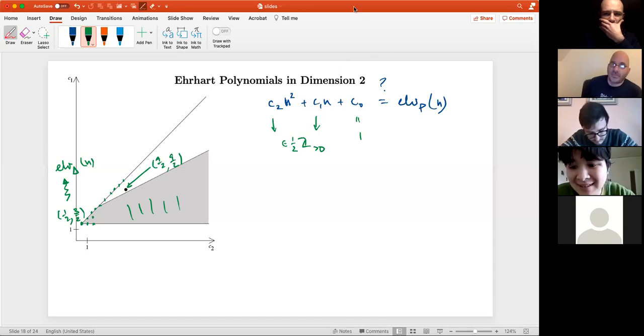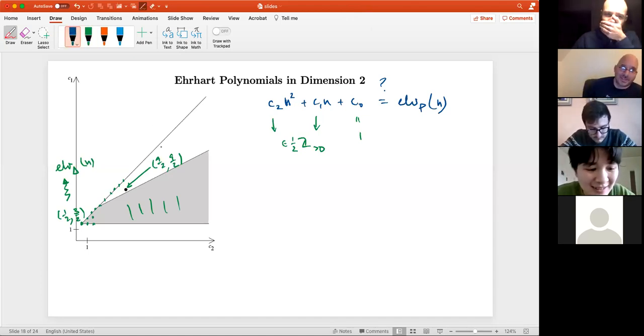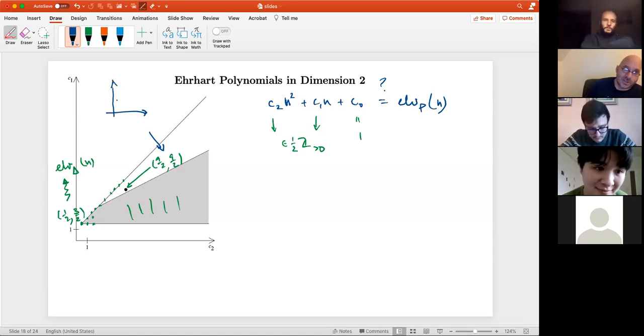There's a question in the chat whether that isolated point is the Ehrhart polynomial of anything interesting. Oh yeah, it is super cool. Definitely a good question. This belongs to the following triangle.